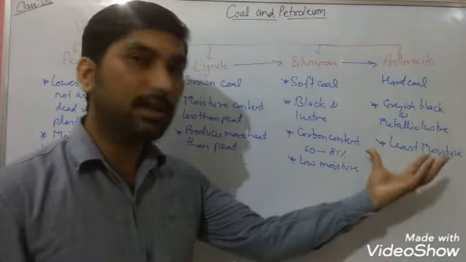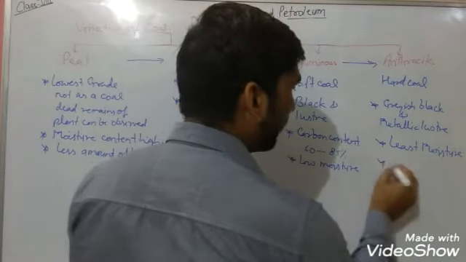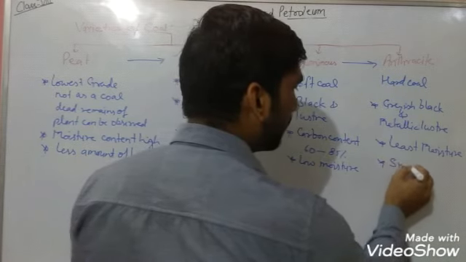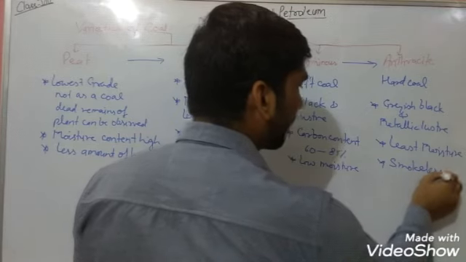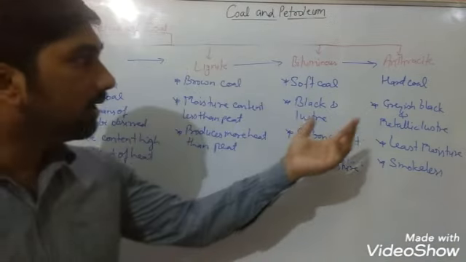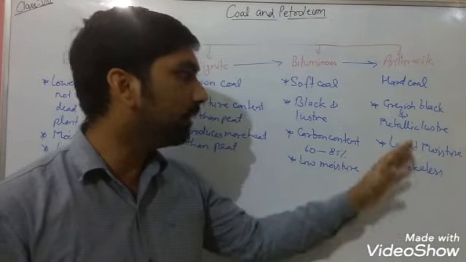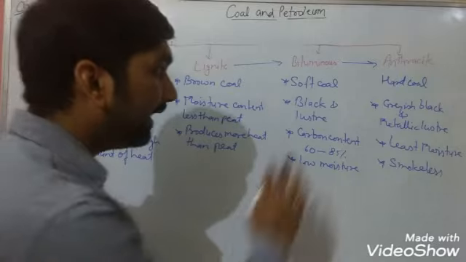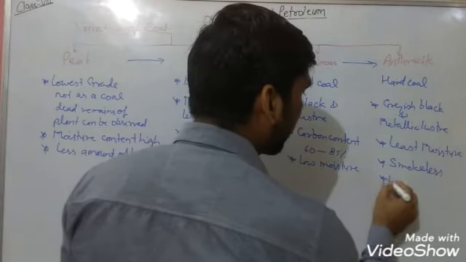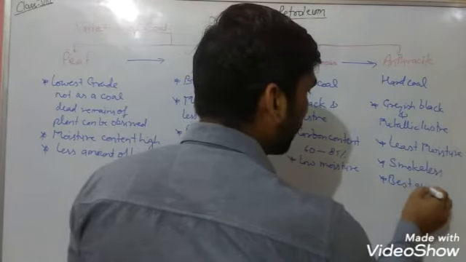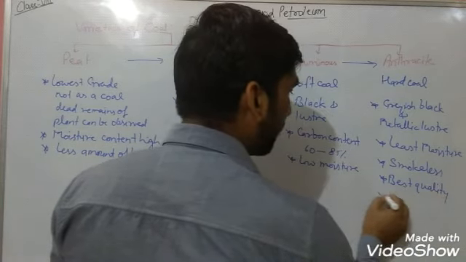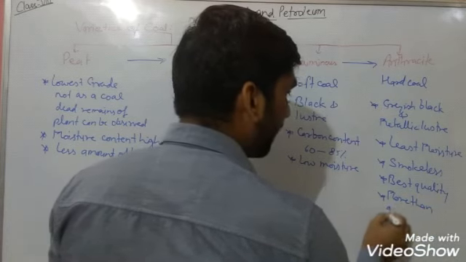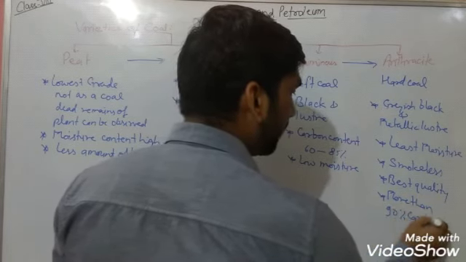So since the moisture is least, when it will be burned, it will burn without smoke. So when we are going to combust or burn anthracite coal, it is burning without releasing smoke, and it is the best quality coal, having more than 90% carbon content.